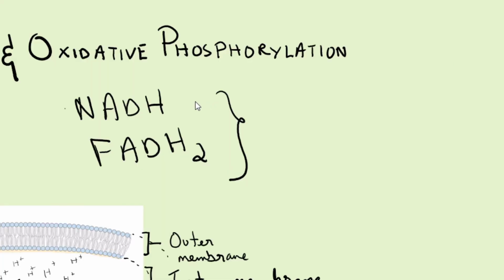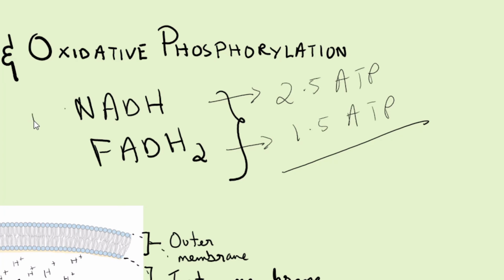The oxidation of an NADH molecule produces around 2.5 ATP, while the oxidation of FADH2 produces 1.5 ATP per molecule of FADH2. So in total there will be 10 NADH and 2 FADH2.